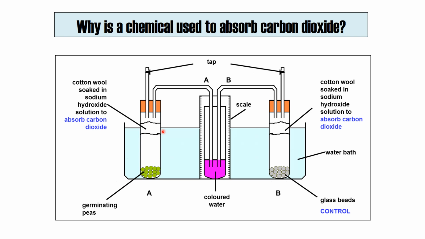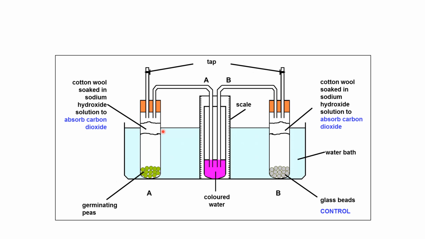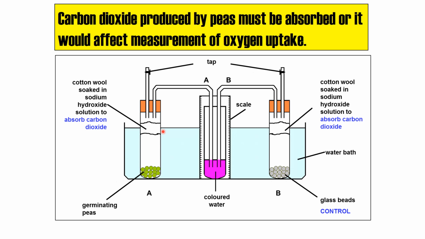Because if the carbon dioxide is being added, then it will replace the oxygen as a gas that's being used up, so the coloured water would maybe not rise up the tube in the same way. So carbon dioxide produced by the peas must be absorbed, or it will affect the measurement of oxygen uptake. So that's why the sodium hydroxide is there.